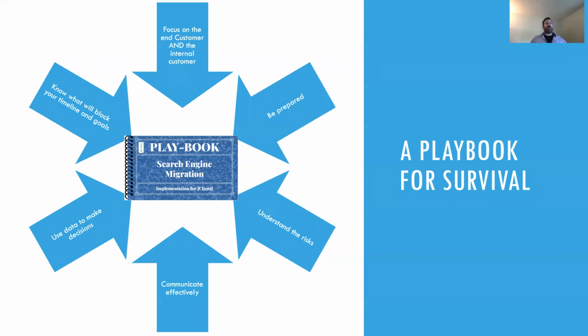So I mentioned a playbook. I wrote a playbook for what we would use in open source connections when working with a client. So I'm going to show some of the slides there. I'm going to sprinkle it in with some other fun stuff. But the gist of it is this was based off our experience that we went through in various search migrations.